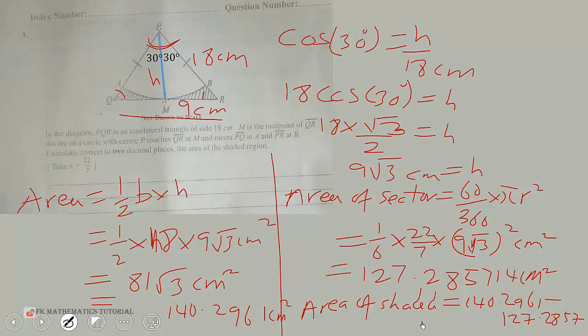When you subtract this, you get 13.01 centimeters squared. So the area of the shaded region is 13.01 centimeters squared to 2 decimal places.